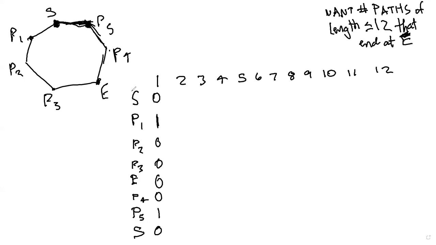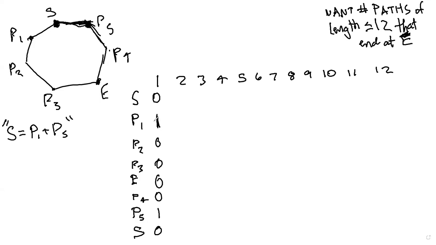So let's take a look. How many paths can lead to S? S can receive things from P1 or P5. So we can write this equation. I'm going to put this in quotation marks because this is really bad notation, but it gets the job done. At time 2, the number of ways to get a path to S can occur in two different possibilities.